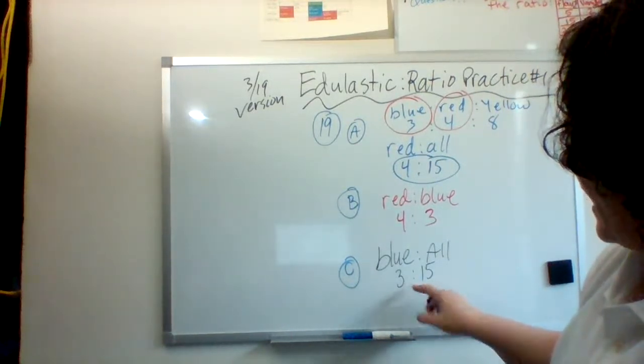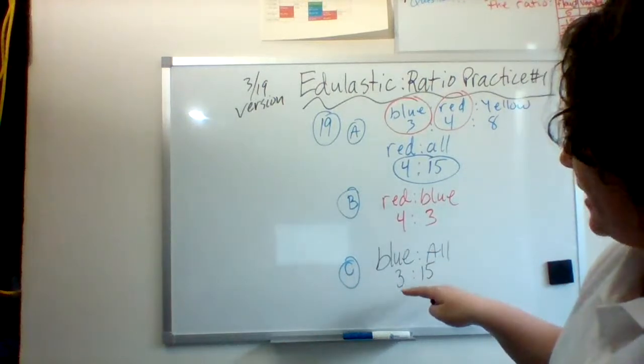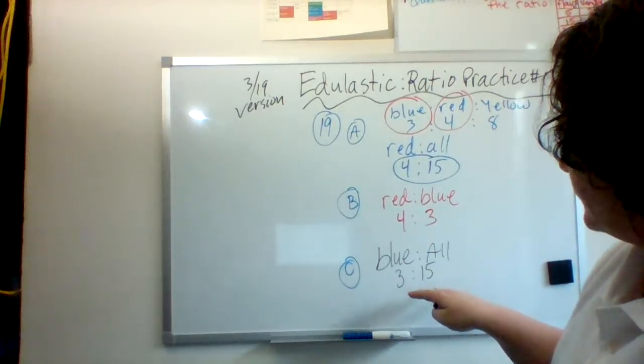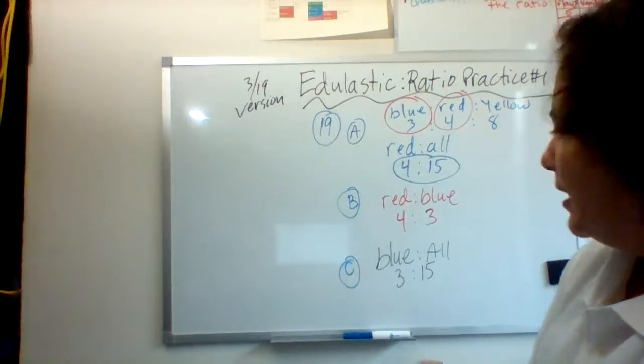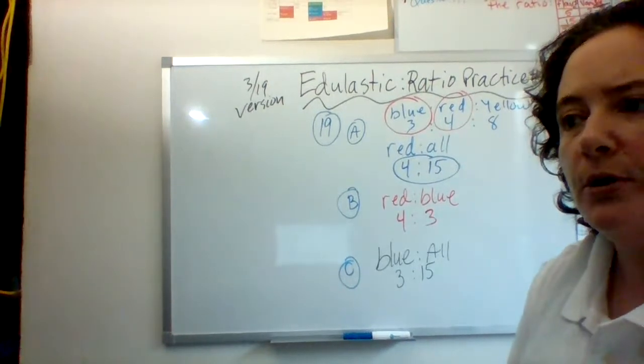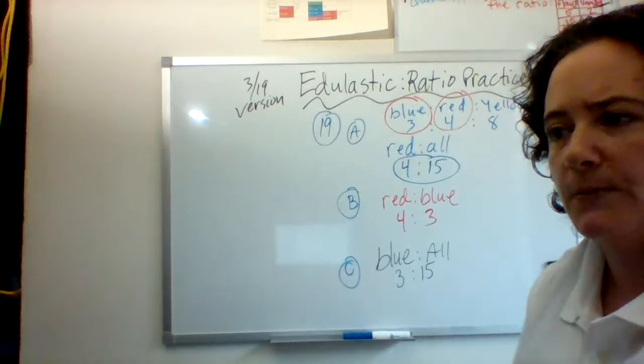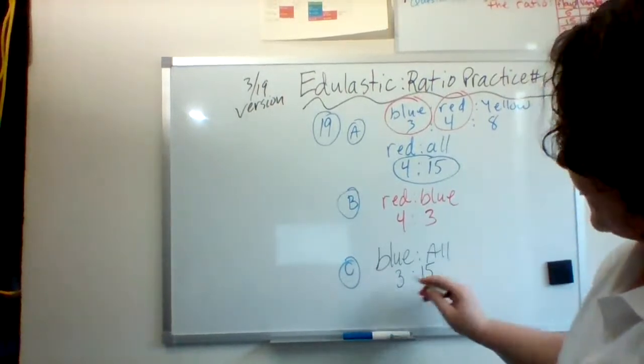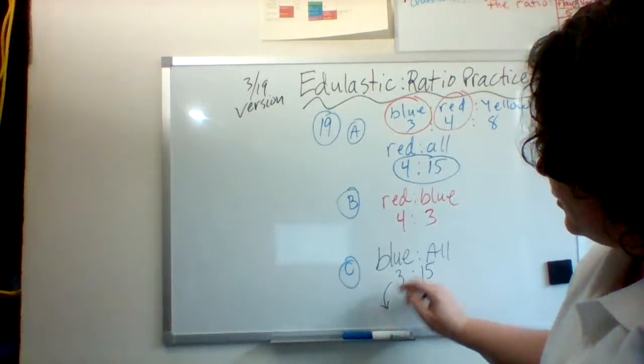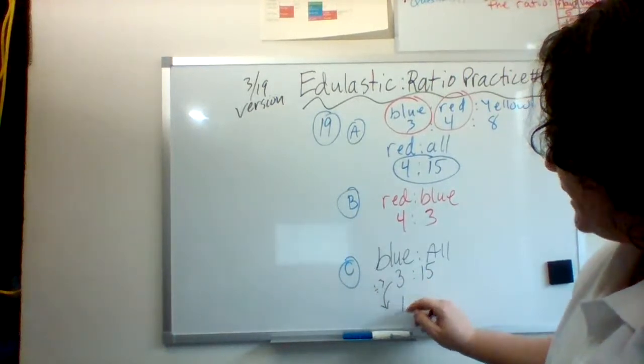So we have to get it as simplified as possible. But remember, with a ratio, it has to affect both parts of the ratio at the same time, with the same numerical factor. If I divide 3 by 3, I get 1.